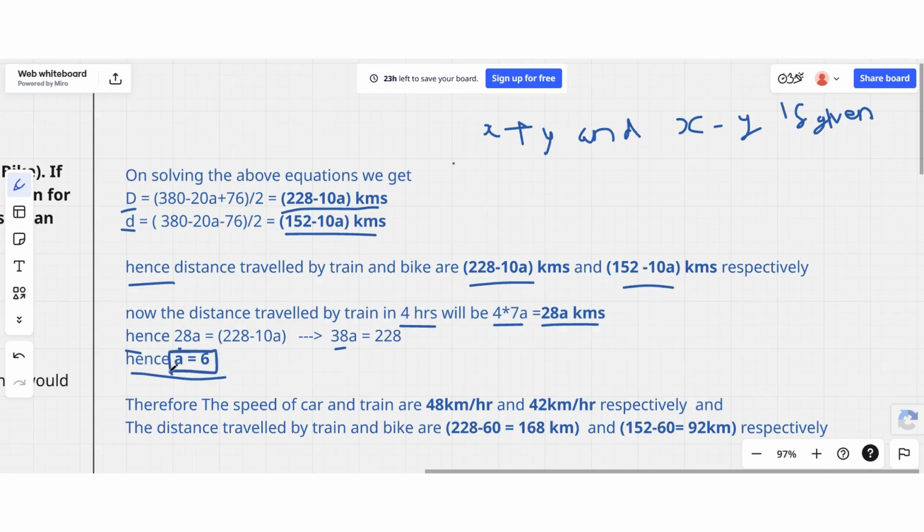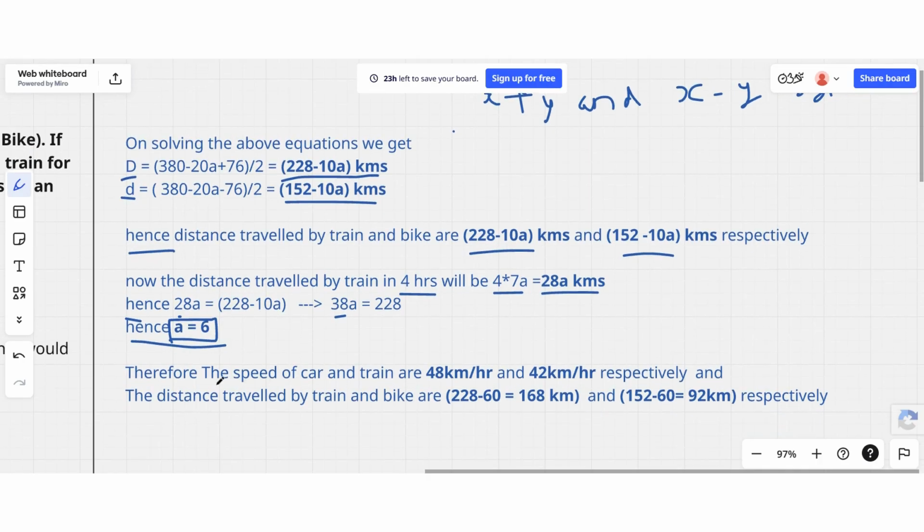After finding the value of A, we can calculate the speed of the train and the speed of the car. Therefore, the speed of the car is 480 kilometers per hour and the speed of the train is 420 kilometers per hour, because the speed of the car is 80 and the speed of the train is 70, and A is 6.